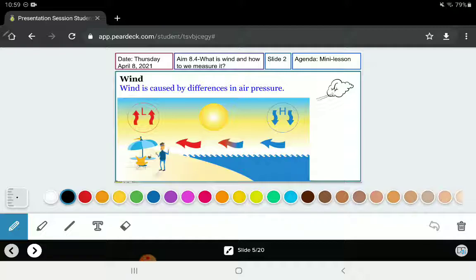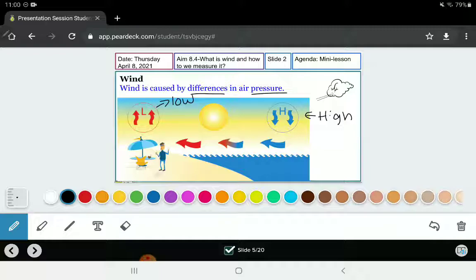The way that we actually get wind is caused by differences in air pressure. As you can see on this diagram, the wind, if you look at the arrows, is blowing from the ocean to the land. You notice the H means high pressure, and the L means low pressure.